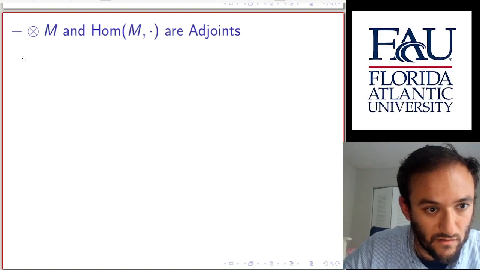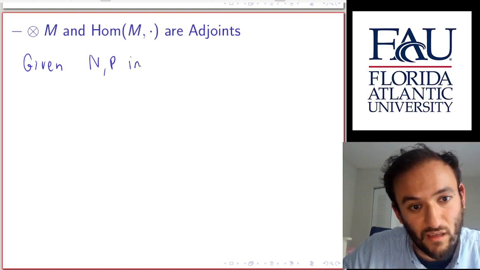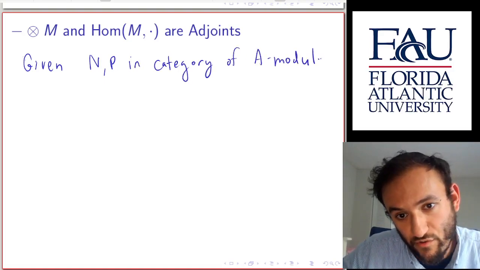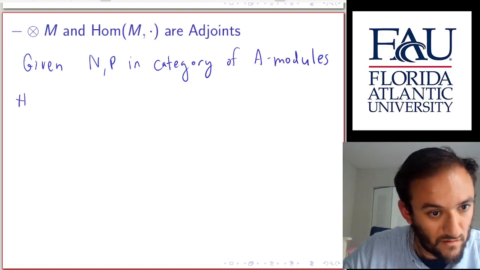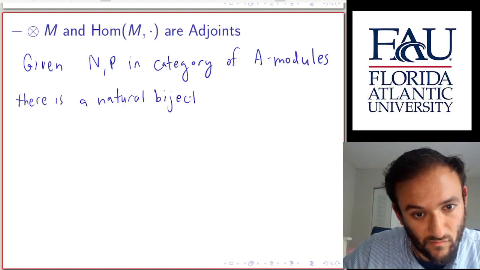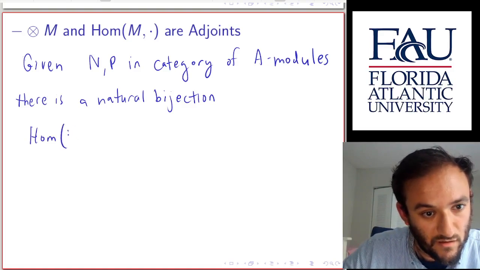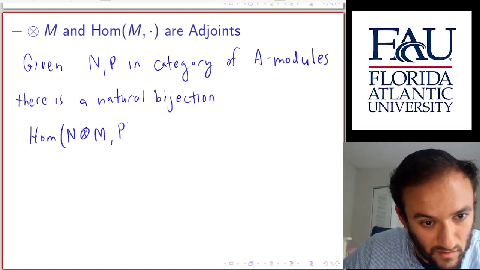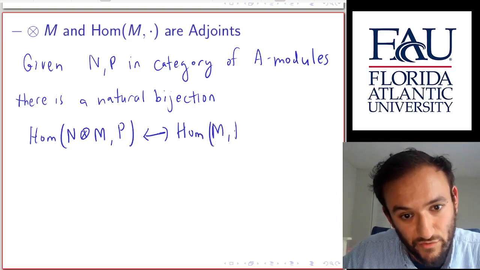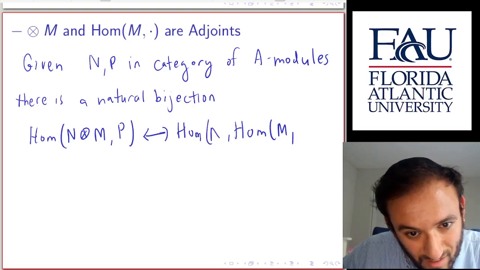So given N and P in the category of A modules, we want to show that there's this natural bijection between, on the one hand, hom of N tensor M to P, and on the other hand, hom of N to hom of M, P.